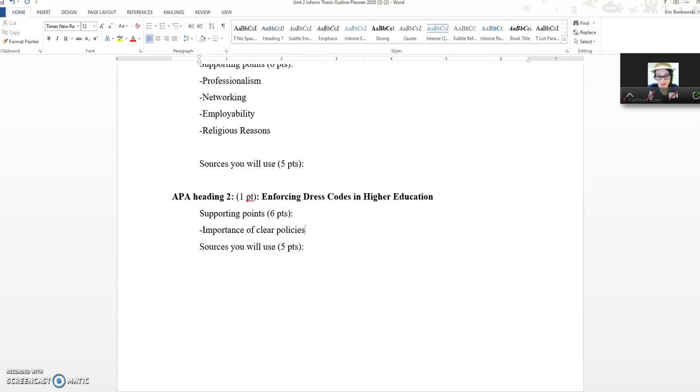So the importance of clear policies. So these are the topics that I'm going to cover in here. And maybe reasons for enforcing ends up somewhere in here along with importance of clear policies.